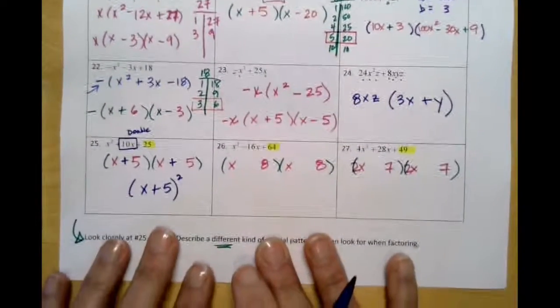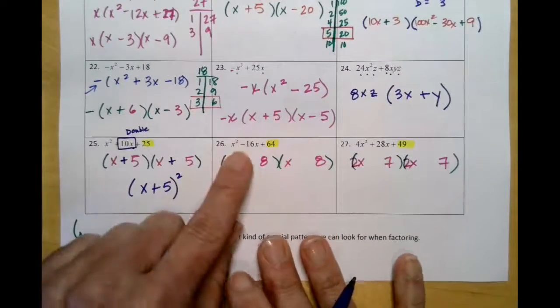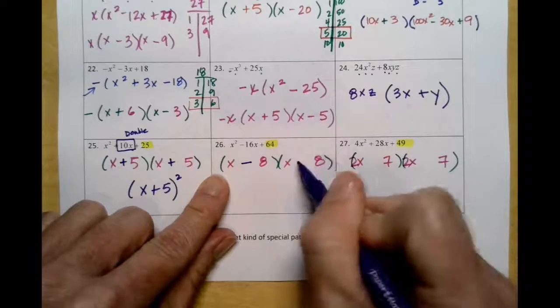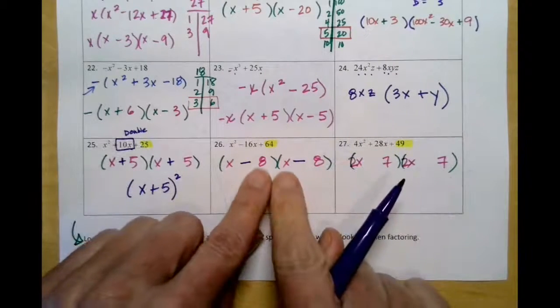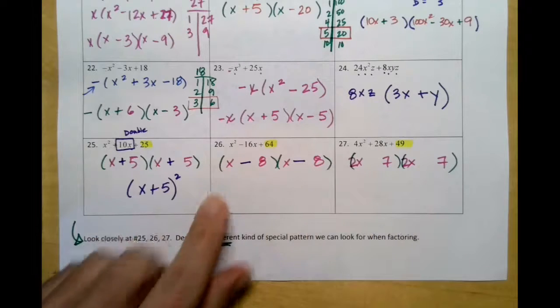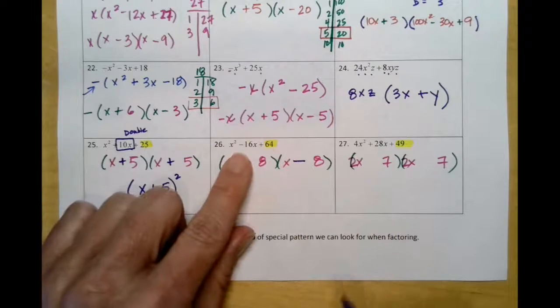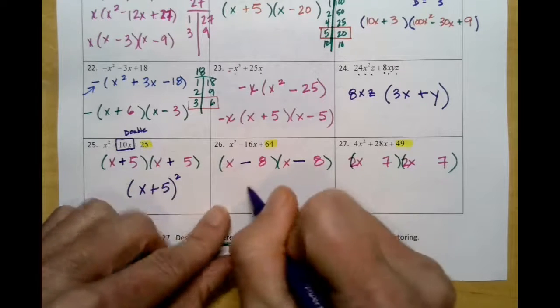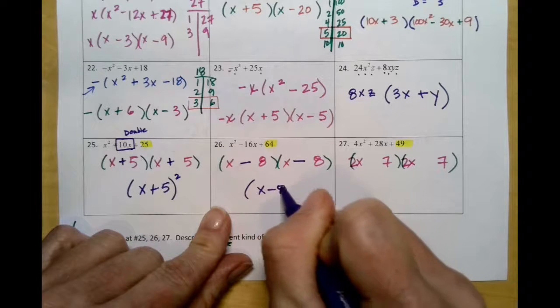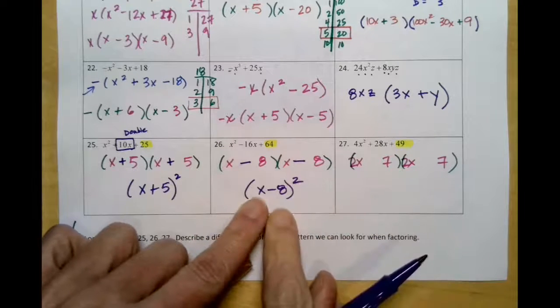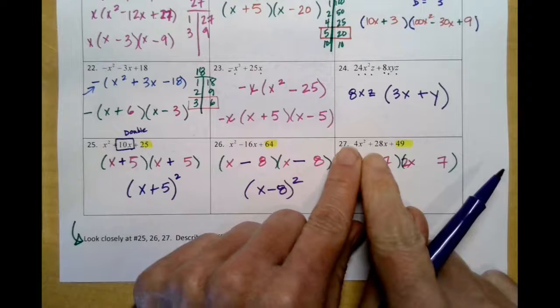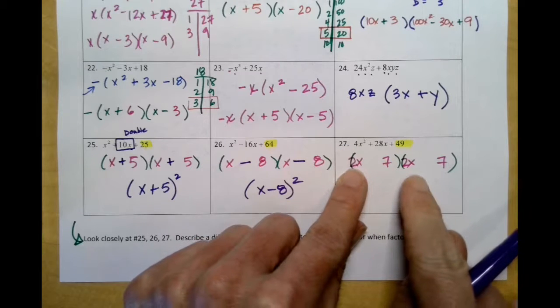One's positive, one's negative. But here, I know that this was -8 and -8, because -8x and -8x add together to give me -16x. So I can rewrite these as a perfect square. This 4 is a perfect square, so we split into 2x.